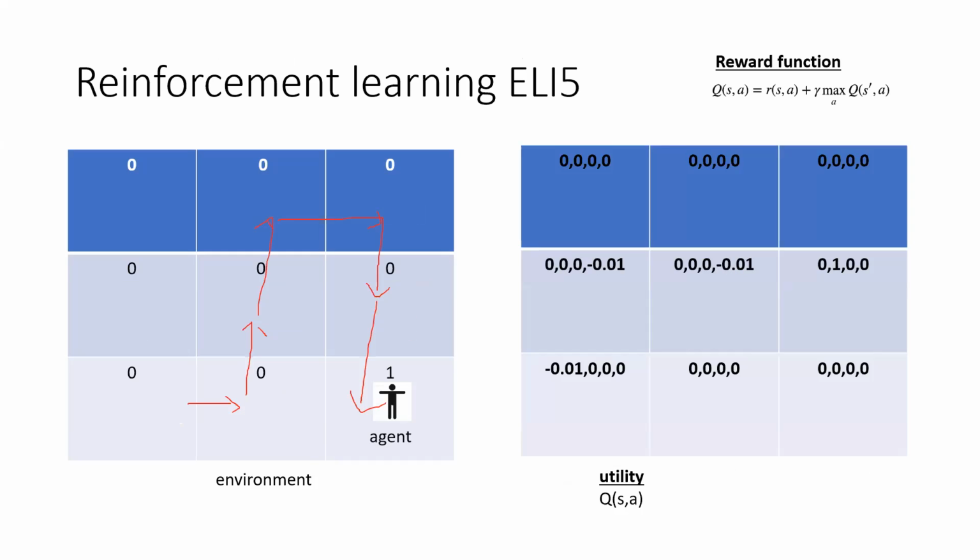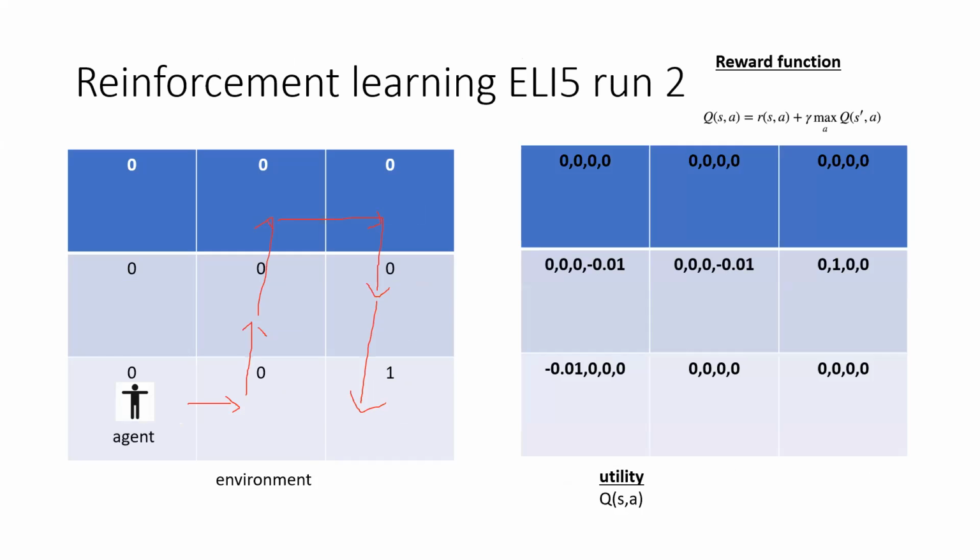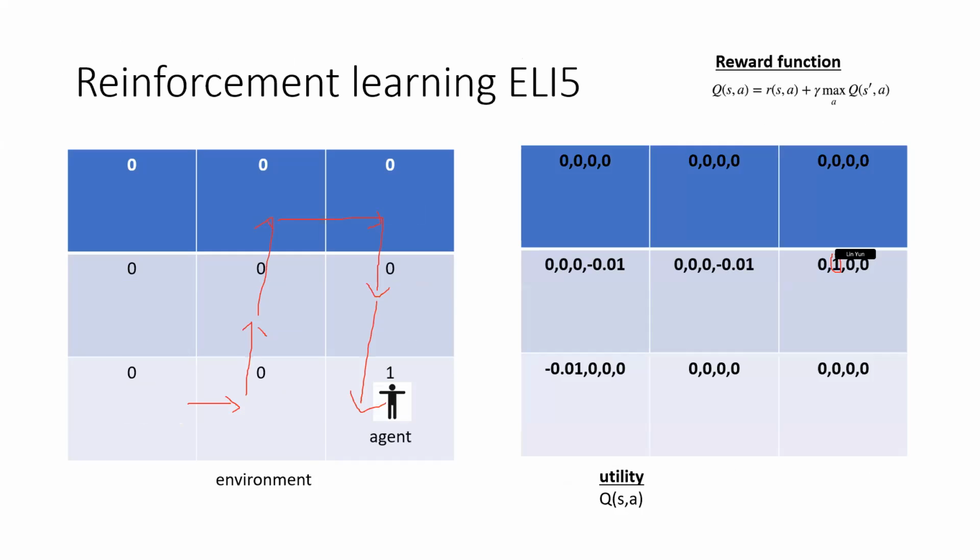Right. And then here you only change this into 1, but all the other trajectory is still negative 0.01. And isn't those states or this decision can still get a small reward?